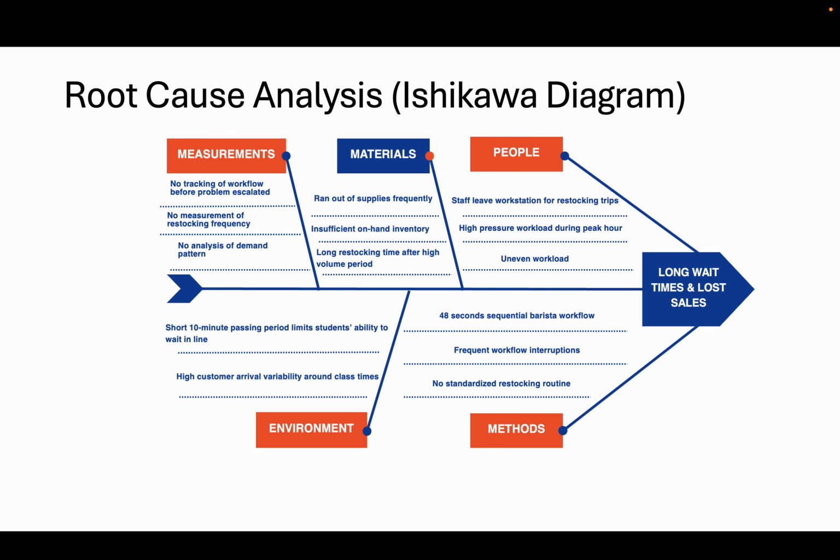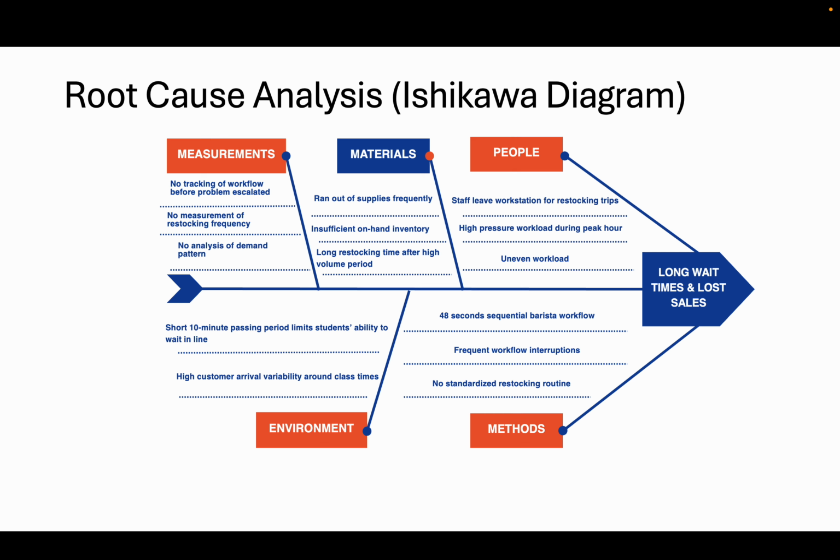Because of this lack of data, the cafe didn't realize how severe the bottleneck was until problems had already escalated. Once Arrival started observing operations, she began timing each step in the drink making process, and that's when the 48-second barista processing time and the demand capacity mismatch became clear.